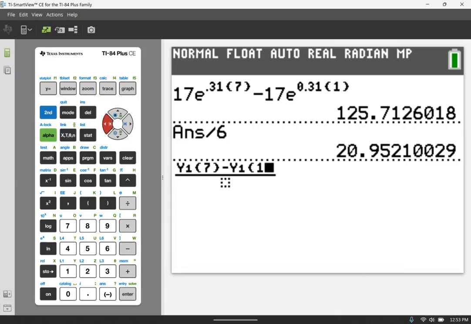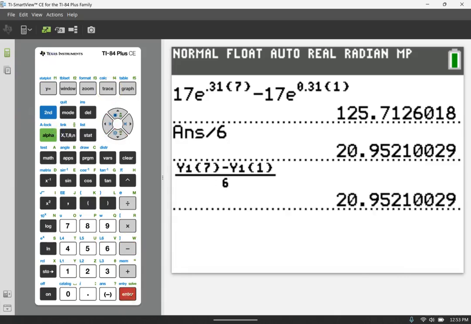And then again, on the bottom, divide it by 6. Same answer, right? So use the skills that I have given you. Don't forget them. Use them. There are a lot of different ways we could go about and get what we want.